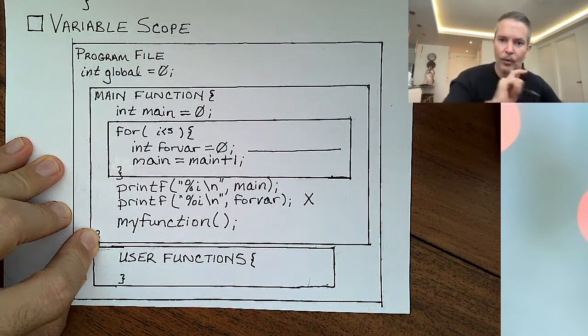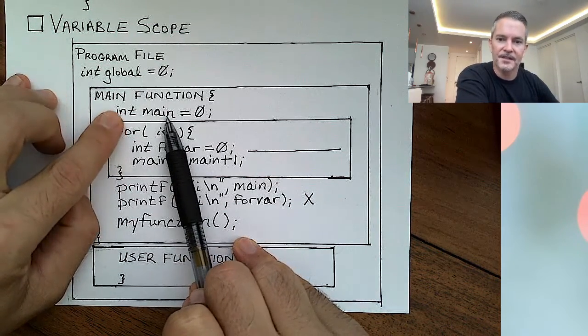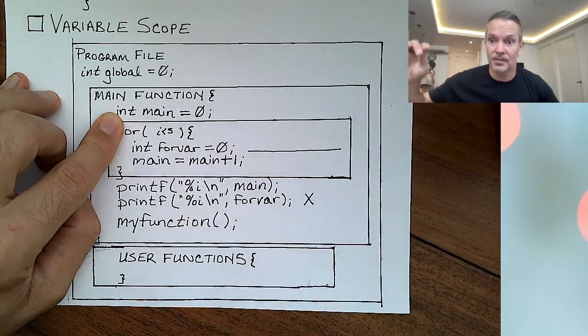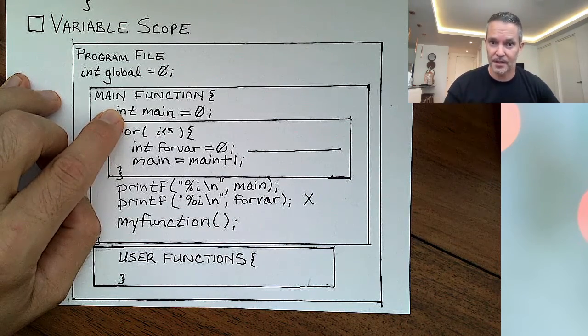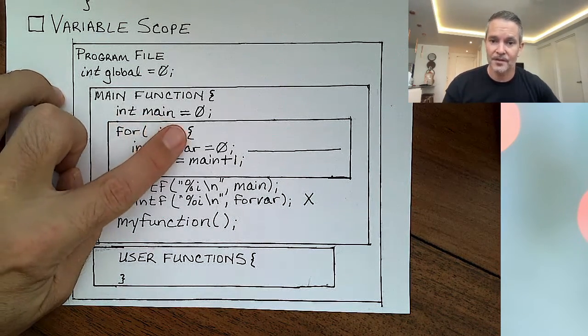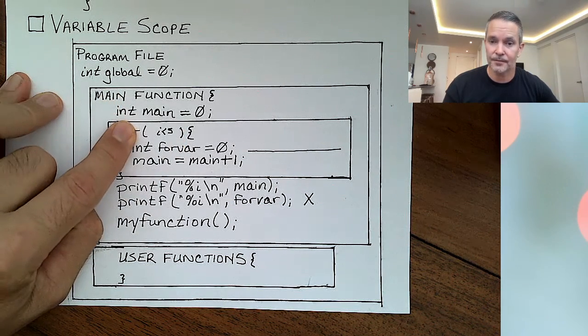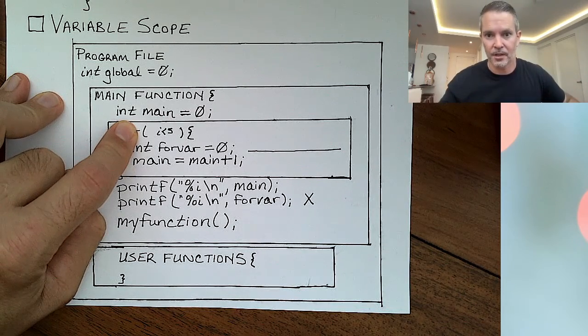Now, what is important about a code block is a variable that gets defined inside of a code block is only visible within that code block. And we'll see an example of this and get a little more detail, but int main equals 0 is only available in the main function. It would not be available for other functions to refer to it.